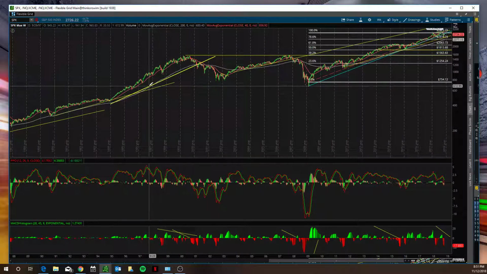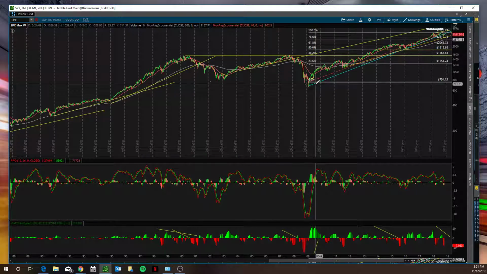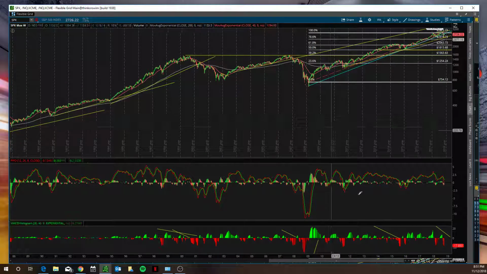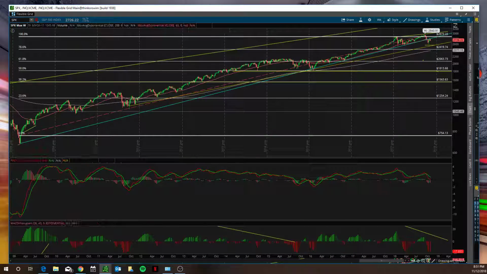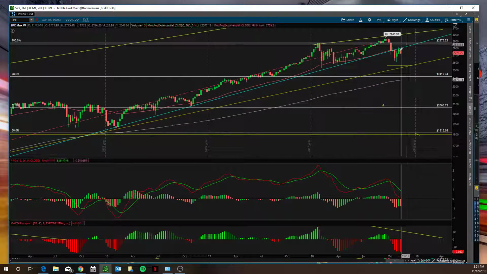But yeah, so there it was, breakdown. There it was, breakdown, and here we are, way up here in a very scary place, right here on the back side of this trend line, with more downside to come.